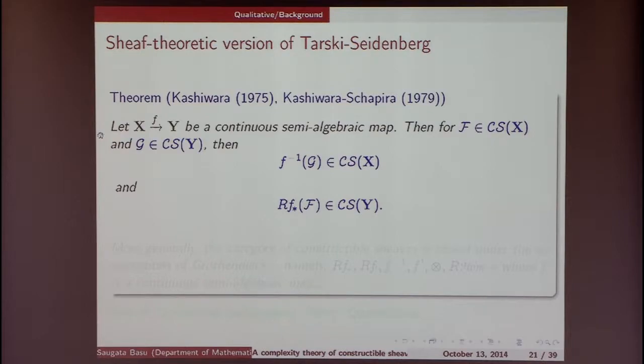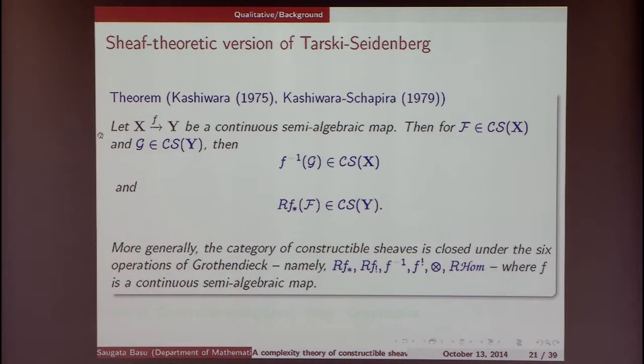Of course, the theorem of Kashiwara and Shapira was much more, and I'm not going to talk about these other operations, but in fact the class of constructible sheaves is closed under a wide range of sheaf-theoretic operations, namely the classical 6 operations. One of these is a cousin of F for all, and another is a cousin of F exists.